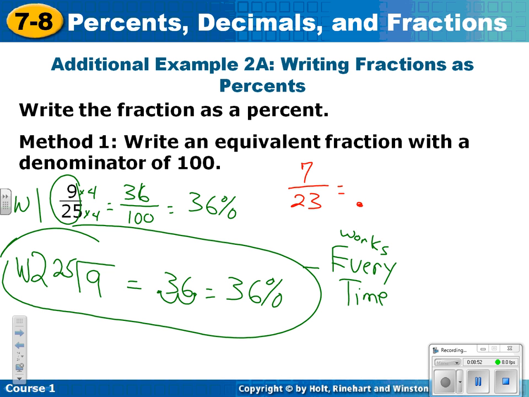No, don't round. I didn't say round. So what is that as a percent? Why do you guys insist on rounding? I never said round.